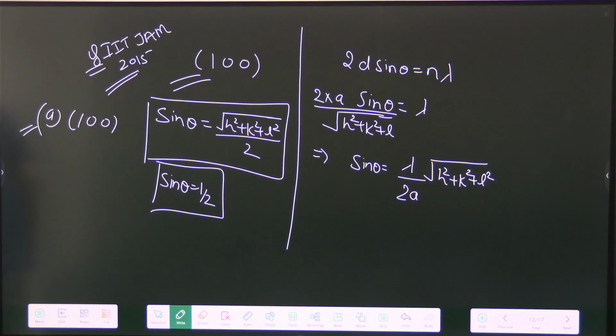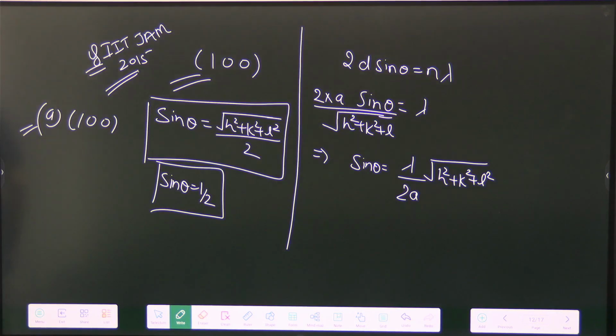Okay. Just look at question number 2, means the second question. Sodium chloride crystal is face centered, right? It is for June 2018.